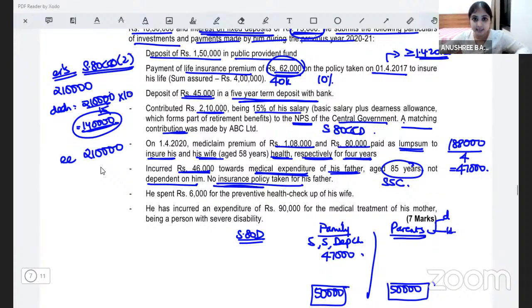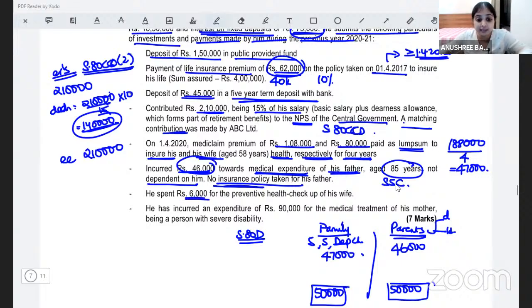Section 80D says, if your parents happen to be super senior citizen, and that is why no medical insurance policy you have on their health, then whatever medical expenses you incur, that you will get as a deduction. So my assessee's father is a super senior citizen, so obviously he will not have a medical insurance policy. So this 46,000 medical expenses he will get as deduction under 80D.